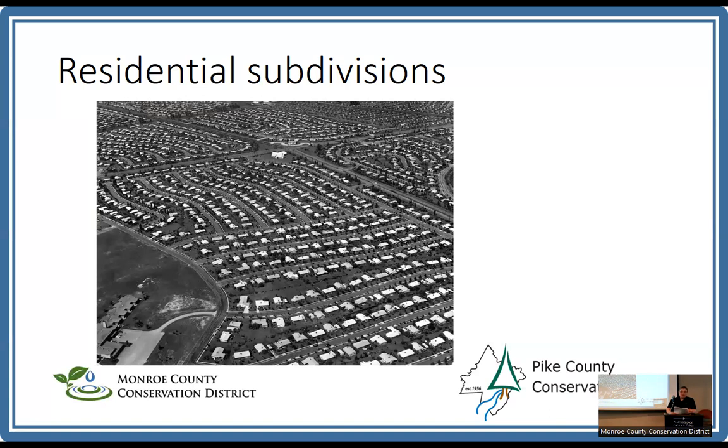The original developer might not want to maintain responsibility for the project. Maybe they put the roads and the utilities in, and then they sell individual lots off. There might be a homeowners association that picks up that permit, but if no one maintains the permit and the permit expires, then there's a potential that each individual lot owner would have to obtain their own NPDES permit.